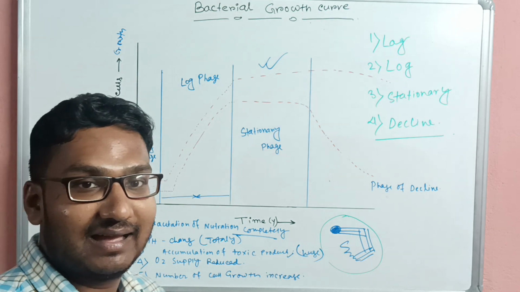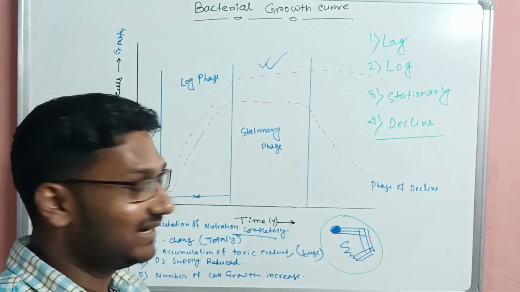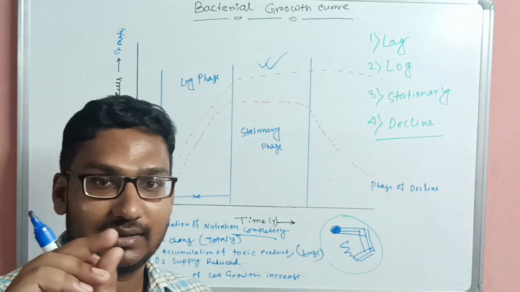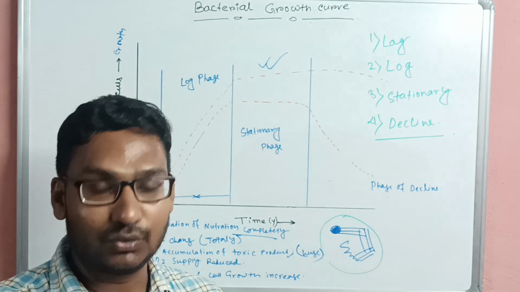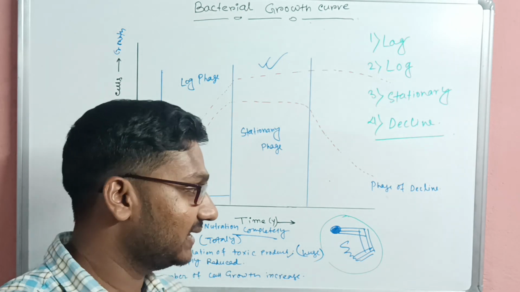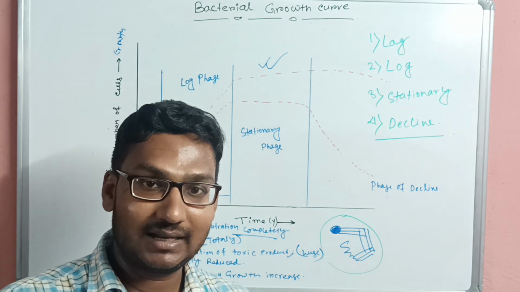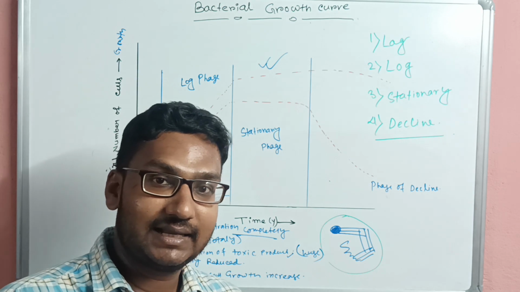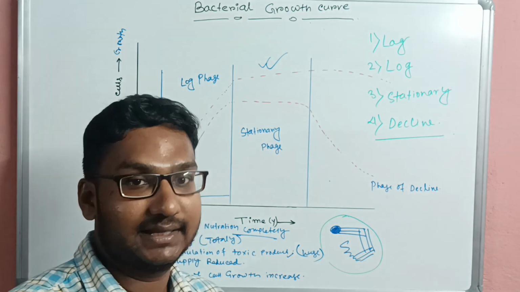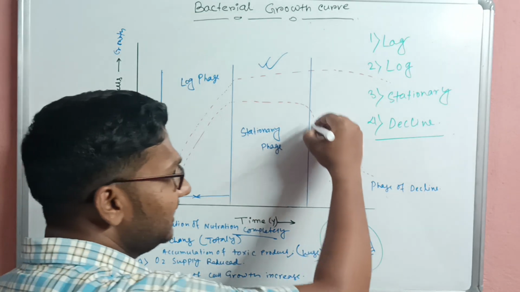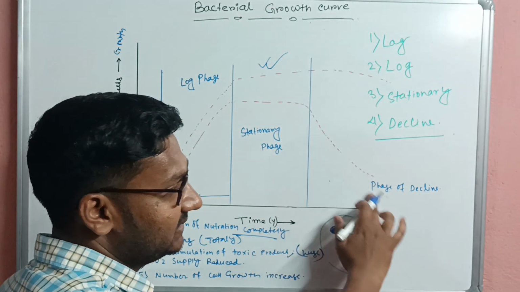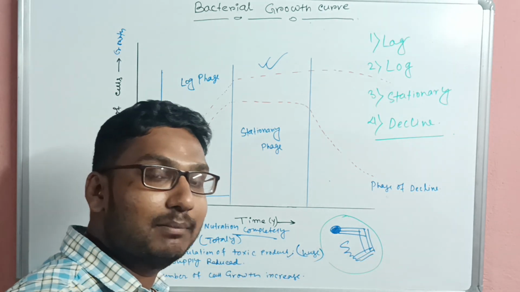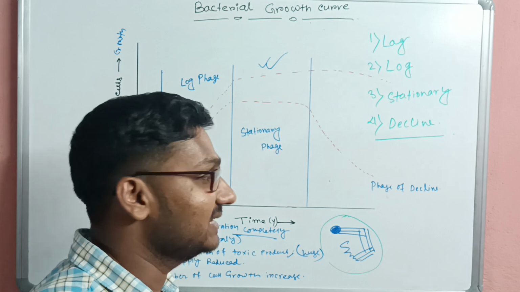So after that we can confirm that when you grow a single colony on a suitable media, after a few days' interval, bacteria will generally die. So we saw the decline phase. Because of all the unfavorable conditions, the bacteria will never grow.